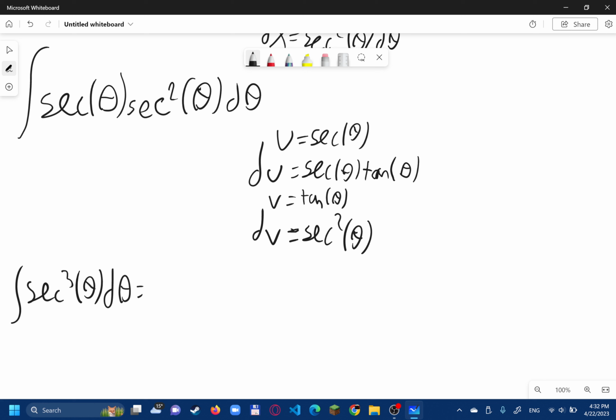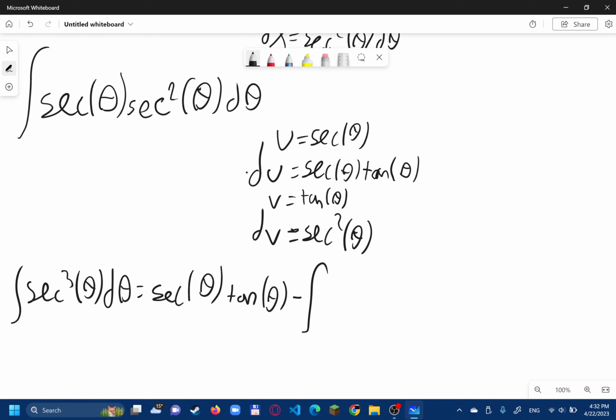is equal to uv, which is secant theta times tangent theta, minus the integral of v du, which is tangent theta times secant theta times tangent theta.